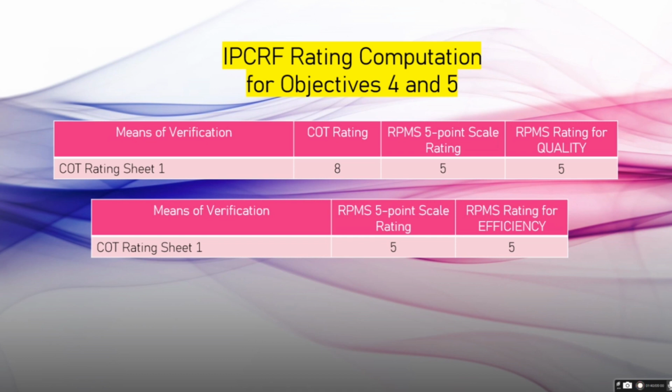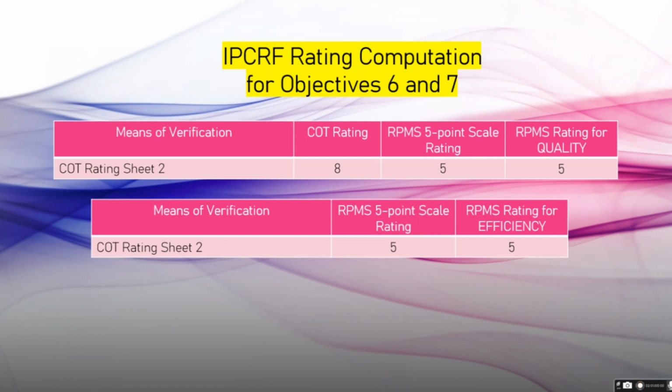Naipakita naman natin that we got 8 points for our rating, which is equivalent to 5 from the RPMS 5-point scale and 5 points for our quality. For the efficiency, dahil naipakita natin that we met the objective within the allotted time, we got RPMS 5-point scale of 5, and that is 5 points for efficiency.